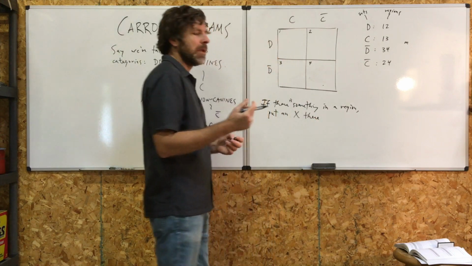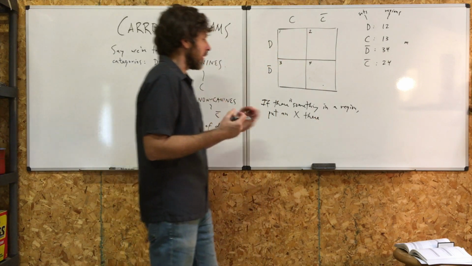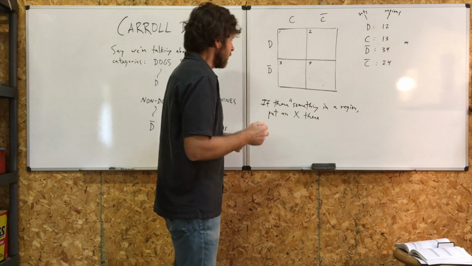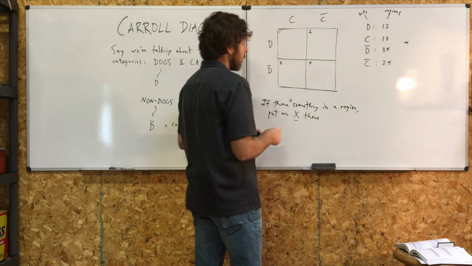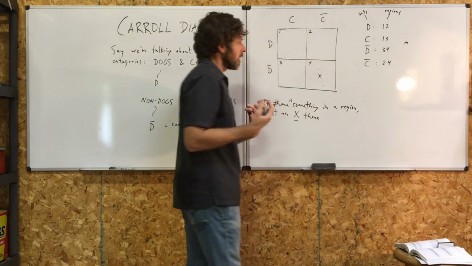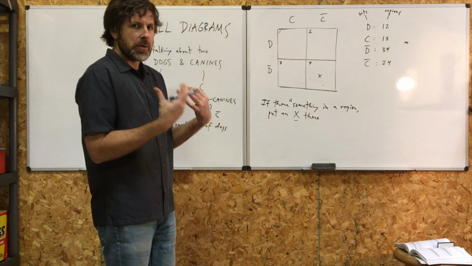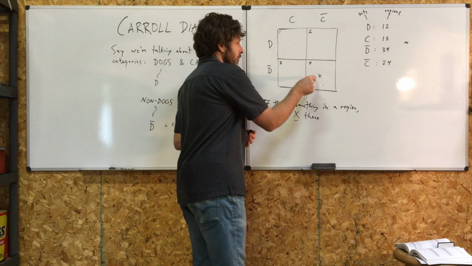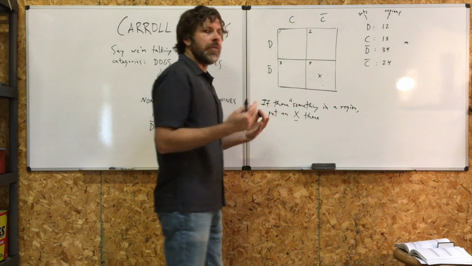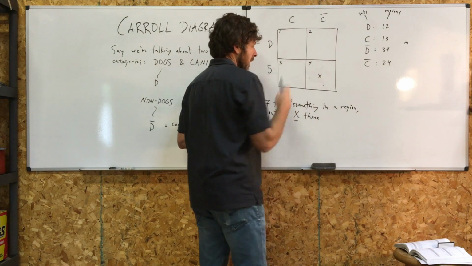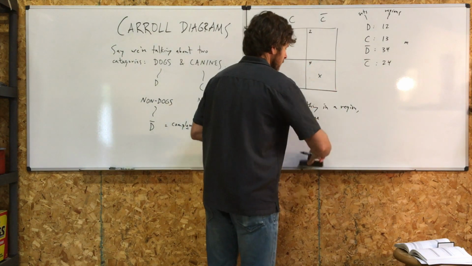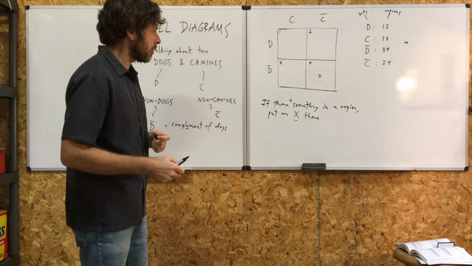If you know the name of the individual, like me, little m, then you could put an M in there instead. But if you just want to say there's at least one thing in that region, put an X there. Because I'm human, I'm neither a dog nor a canine. That means there's at least one thing in the universe that belongs to region 4. So I can put an X right there. That's how a Carroll diagram works.